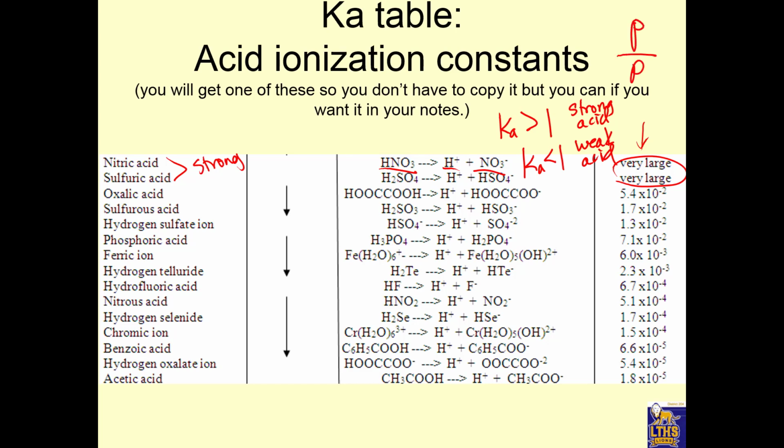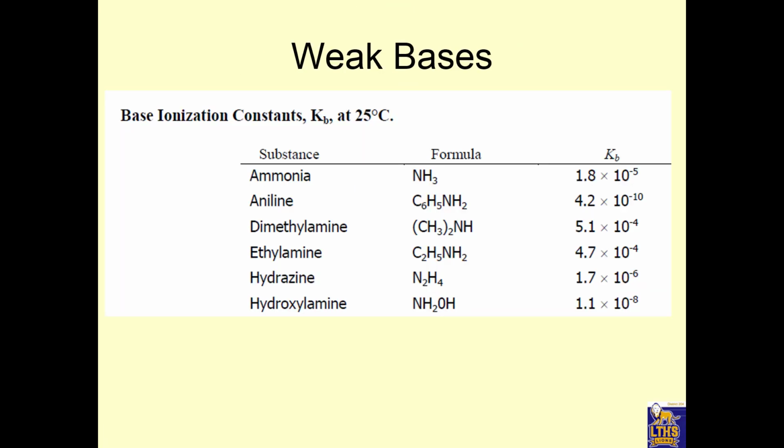Remember, it's products over reactants. And then if there's not a lot of products, if this is a small number and that's a big number, then you'll get more of the reactants when it's at equilibrium. Okay. Same with bases, but with bases it's called a Kb, right? Because it's still products over reactants.